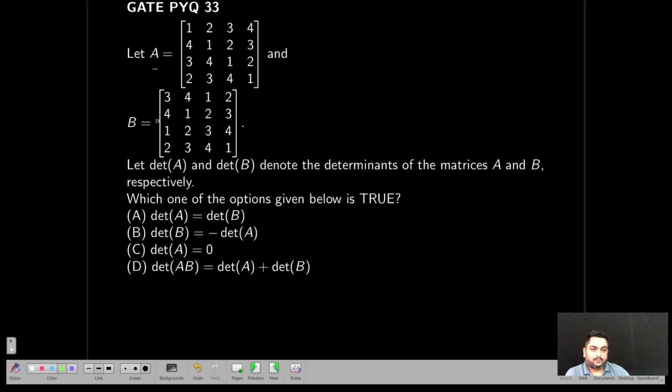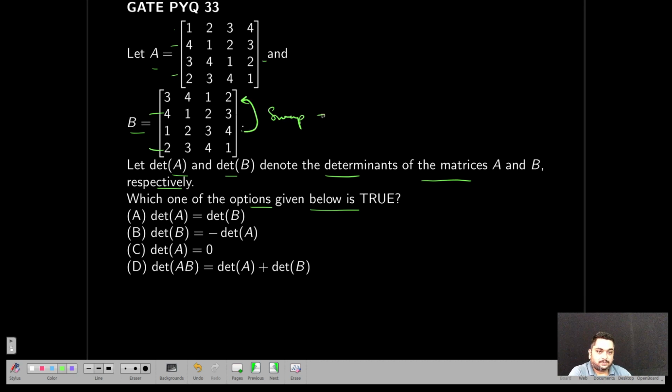Let A equal to this and B is equal to this. Let A and B denote the determinants of the matrices A and B respectively. Which of the following options below is true? If you observe carefully here, 1, 2, 3, 1, 2, 3, 4, these two rows are same in both the matrices. And these two rows are same. Only thing is you have to swap this.